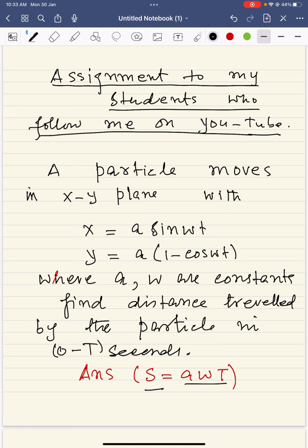Now let me solve the problem for you. Here we have x equal to a sin omega t, and y equal to a into 1 minus cos omega t. What we need to find is in a situation where acceleration is not constant.